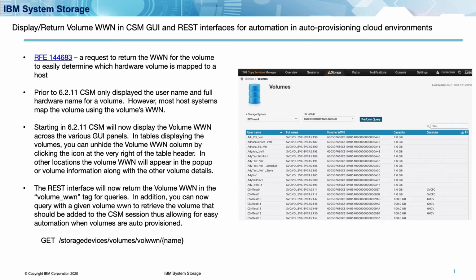So that includes the username, the volume, the full name, etc. All the information we have. So hopefully that helps not only automation services, but perhaps customers as well that view the GUI to try to map it to a given host.